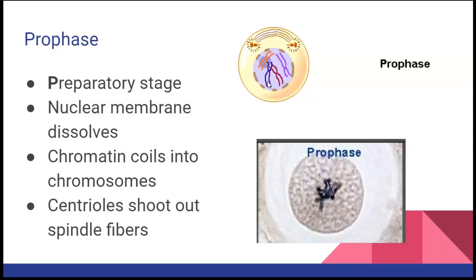So now we're going from chromatin into chromosomes, and centrioles, which are these little organelles up here, they shoot out spindle fibers, right? They're kind of like Spider-Man here. They shoot out like these web fibers, which will be used throughout the rest of mitosis, okay? So big piece here, nuclear membrane dissolves, chromosomes start to coil, and spindle fibers start to form.